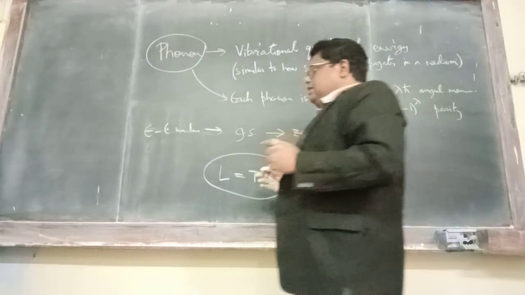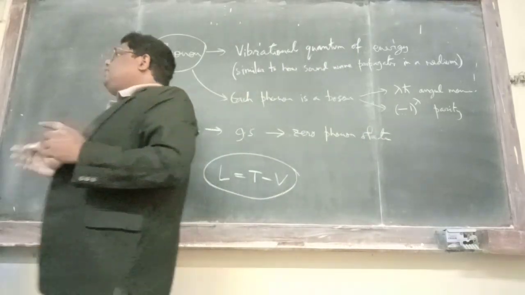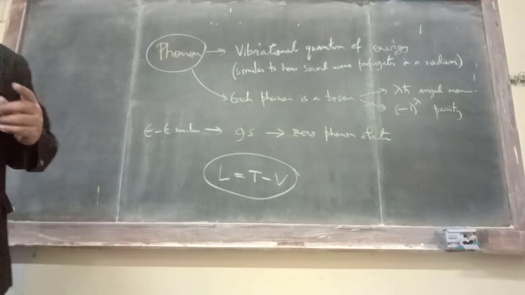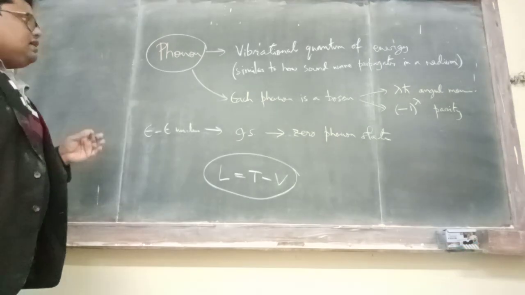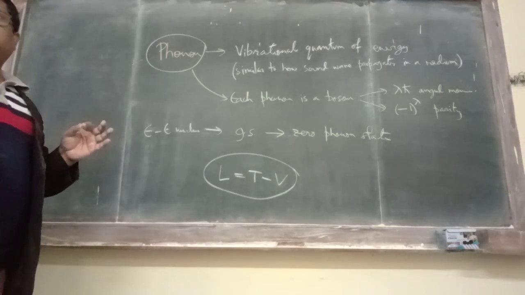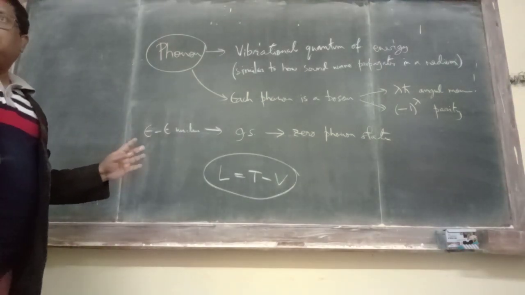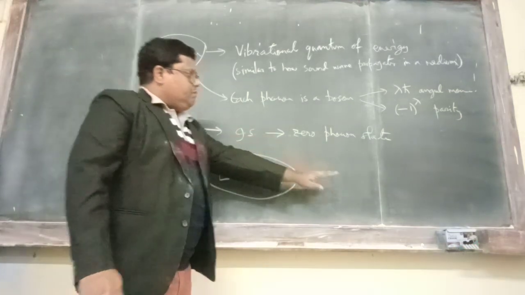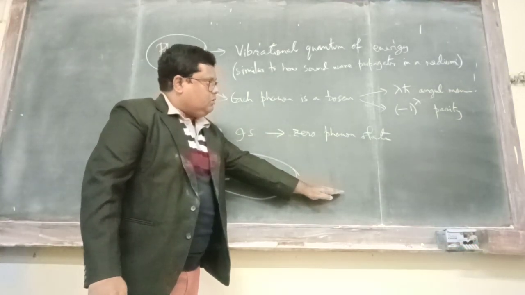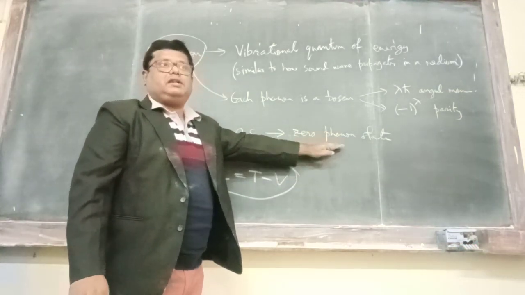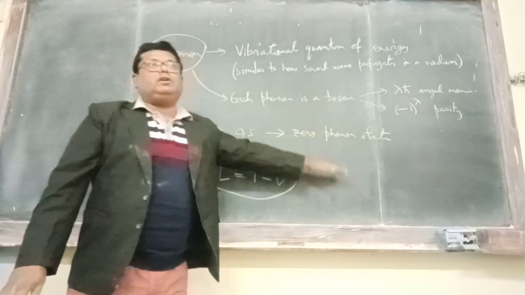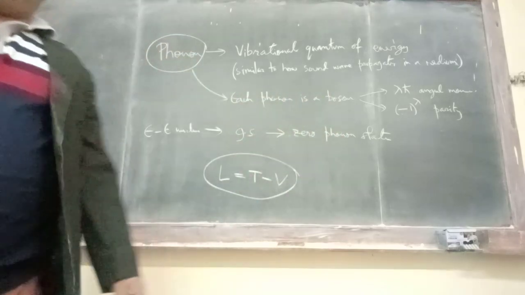Okay. Now any even nucleus, you can think of it as a zero phonon state. Zero means no excitation. Now slowly, in terms of the vibrational spectrum, we will talk about higher phonon state excitations. And now I will show you the entire structure.